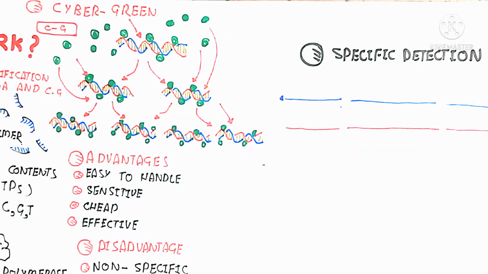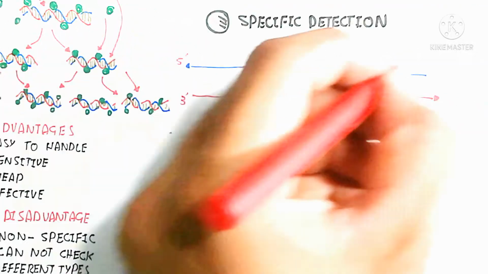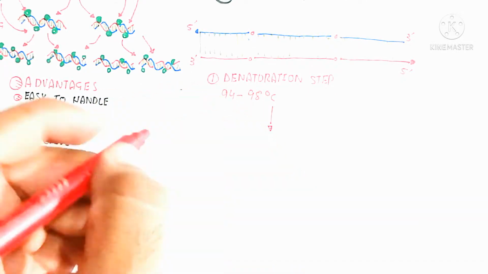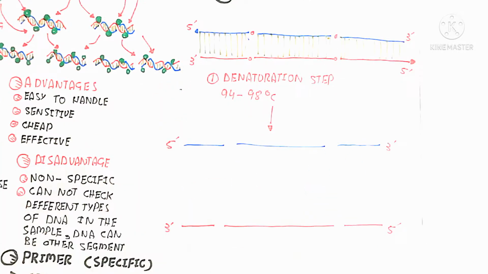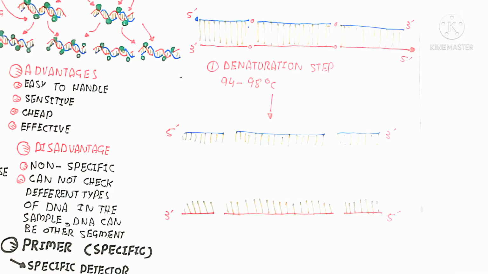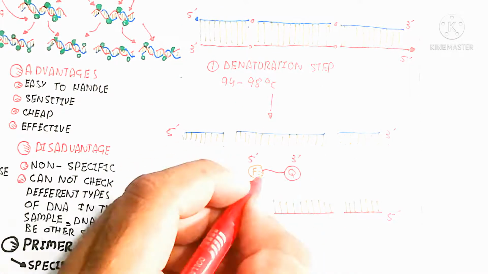Before binding the primer, with RNA for reverse transcription, the quencher will be detached from the fluorophore, then the fluorophore will produce color. So it is easy. We will discuss the specific detection in this method.